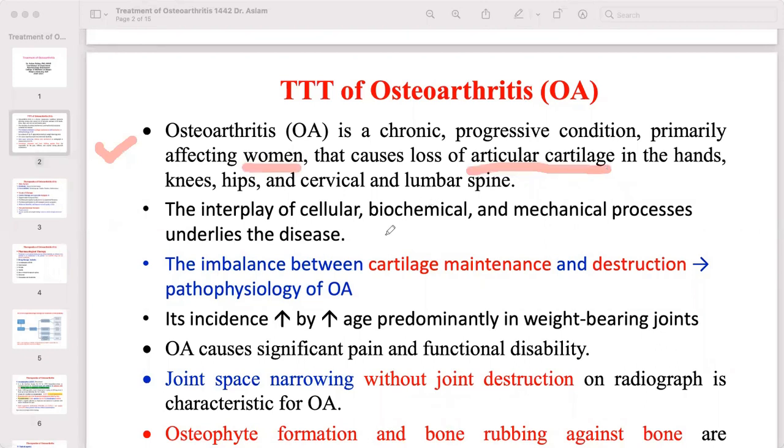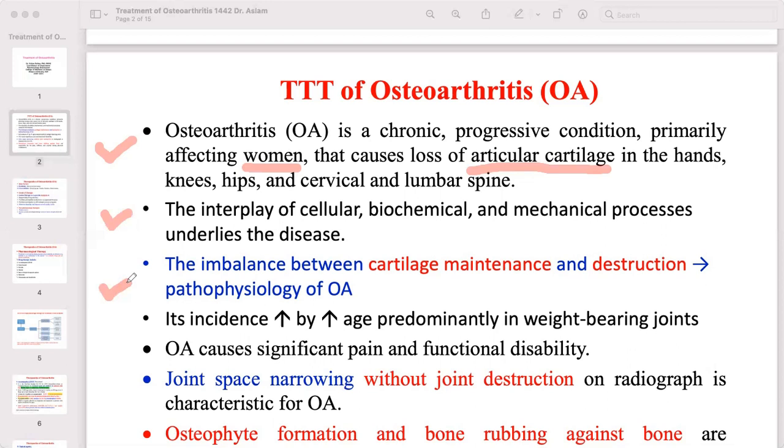The interplay of cellular, biochemical, and mechanical processes underlies the disease. The imbalance between cartilage maintenance and destruction increases the pathophysiology of osteoarthritis.